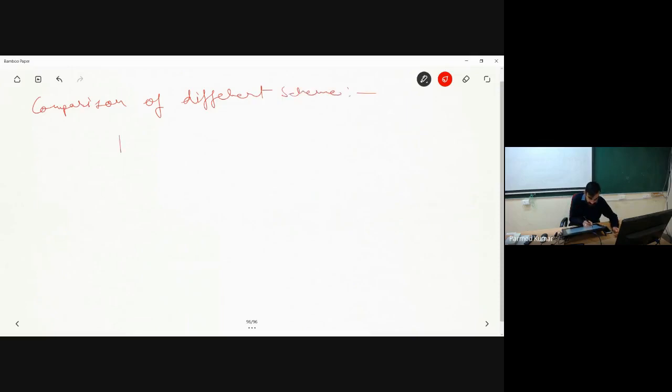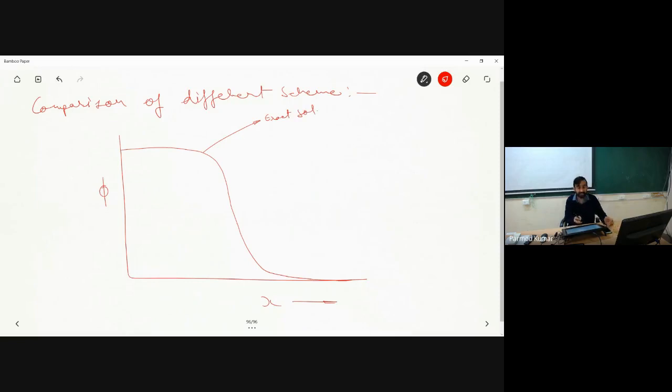Okay. So let me consider some situation where I have, say, variation of phi with x, and say this is my exact solution. So whatever the exact solution I will be getting, if I draw the curve, the power law solution will also be exactly mimicking our exact solution.